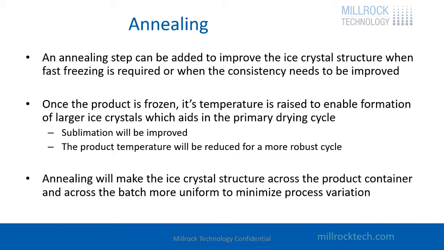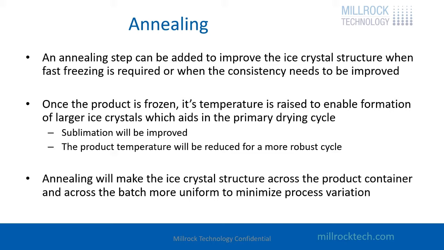There's an ability in your freezing process to actually overcome any process variation, and that's called annealing. Annealing is the process where we increase the product temperature after it's been frozen to a higher temperature, let's say minus 20 or minus 15 degrees, and hold it there for a period of time. Depending on your product, that might be 1 to 3 hours, for example.